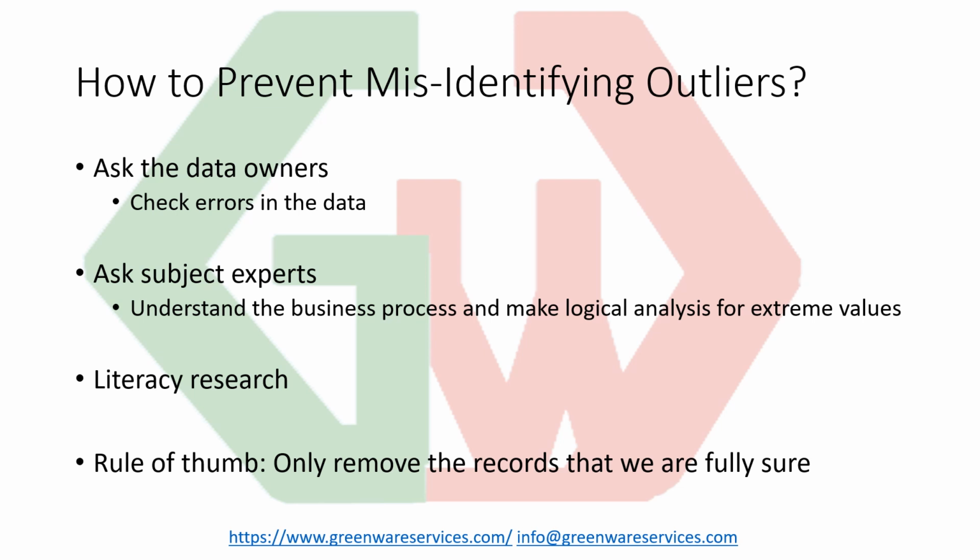Finally, the rule of thumb: we only remove the records that we are fully sure are outliers or errors. For any records we are not sure if they are outliers or errors, then in general we should include them in our analysis.